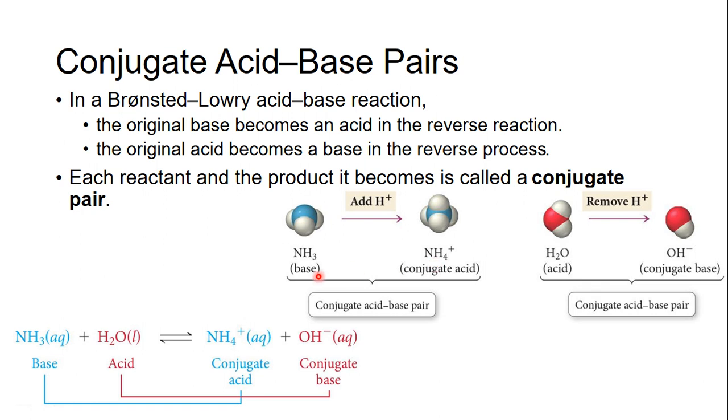So NH3 is the base, NH4+ is the conjugate acid. H2O is the acid, OH- the conjugate base. All right. And generally, how we name these things is that what is on the reactant side is just the base and the acid, and what's on the product side, that's when we add the word conjugate for conjugate acid and conjugate base. All right, that's it for this video. I'll see you in the next video.